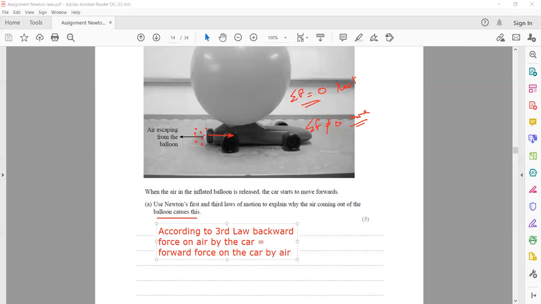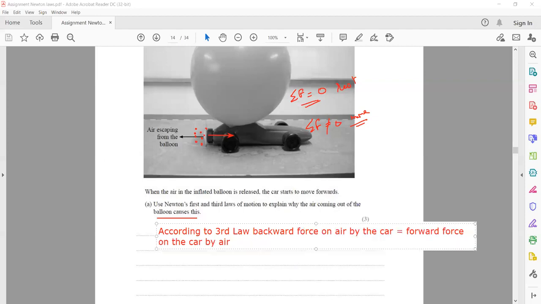That's the first point, because as the air is released, the car is exerting force on the air, pushing the air, and the air will also exert force on the car.